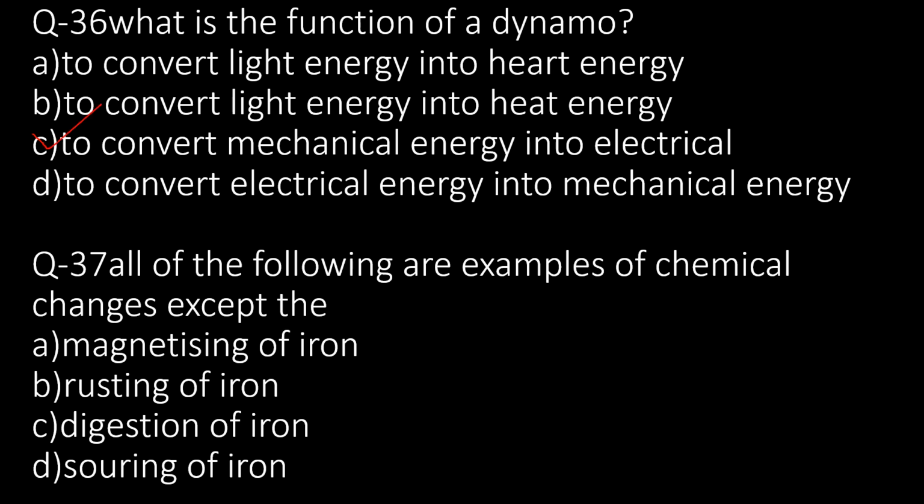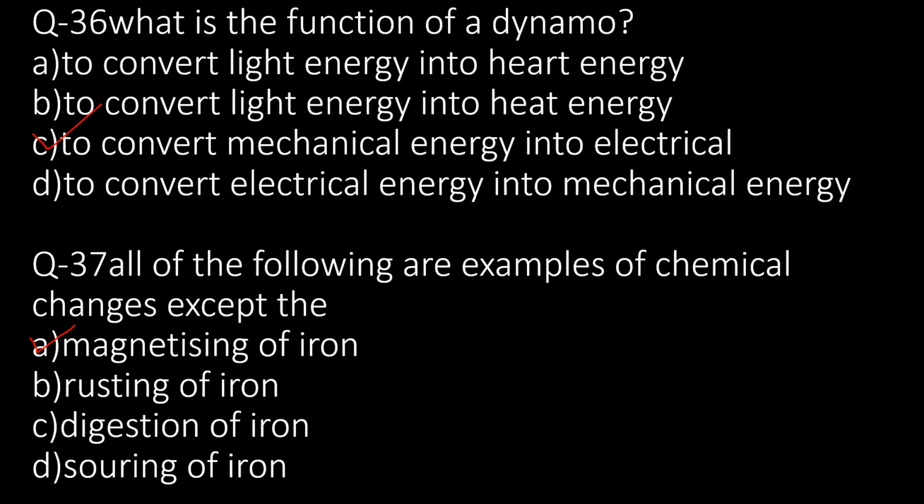Our next question is, all of the following are examples of chemical changes except the option A, magnetizing of iron.